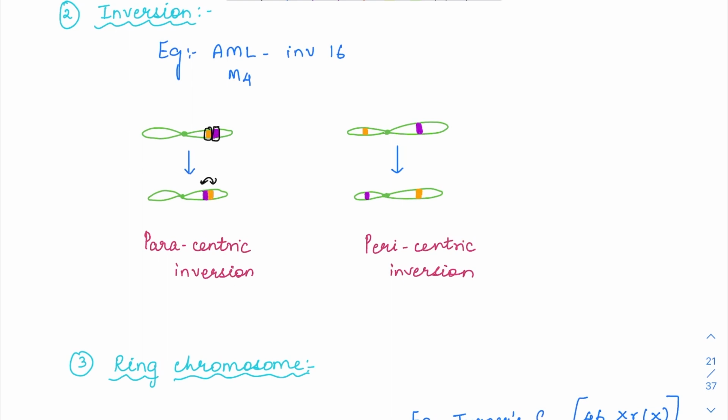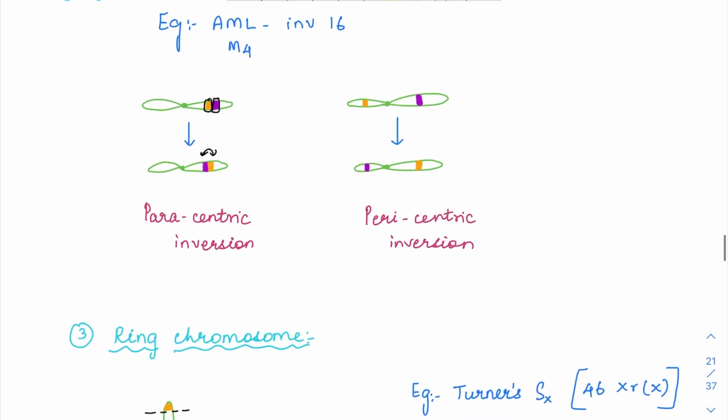This is called a paracentric inversion if it is happening on the same arm of the chromosome. And it is called a pericentric inversion if it is happening across opposite arms of the chromosome. So from the short arm, it has moved on to the long arm. Mutually they have exchanged their content between the short and the long arm. So this is called a pericentric inversion.